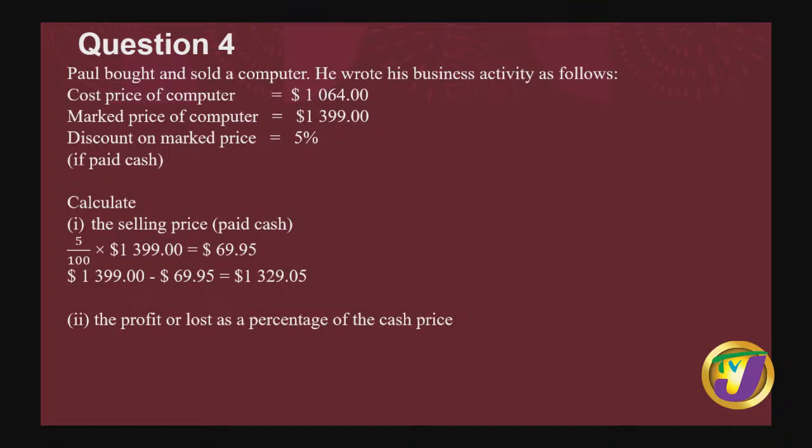Then I would have had to subtract that from my marked price, which means my selling price would be $1,329.05. So what are we seeing here now? The selling price is less than the marked price, after the 5% discount.